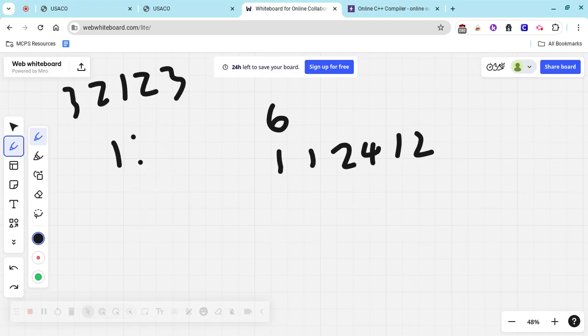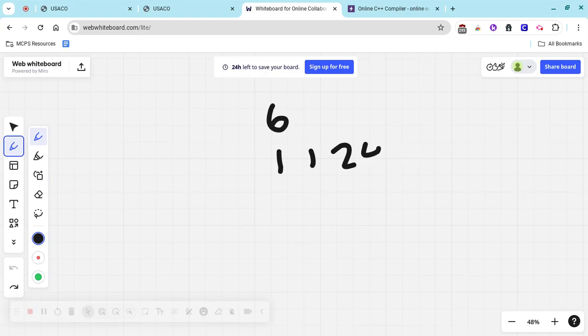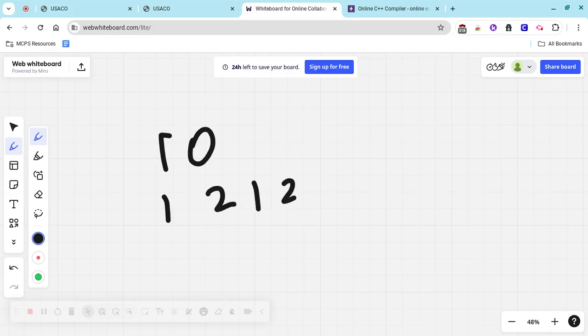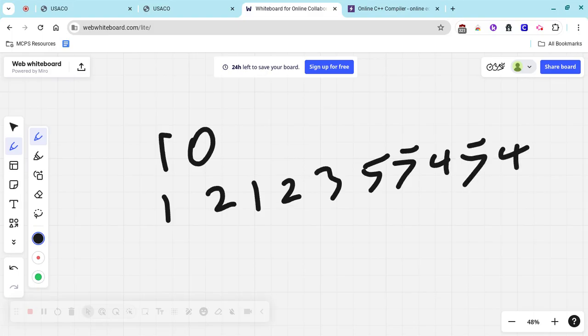Alright, so before I get into the code, let's go over one last example. Let me just erase this part. Alright, so the last case is 10 cows: 1, 2, 1, 2, 3, 5, 5, 4, 5, 4.